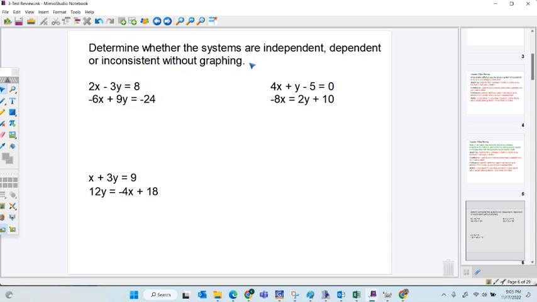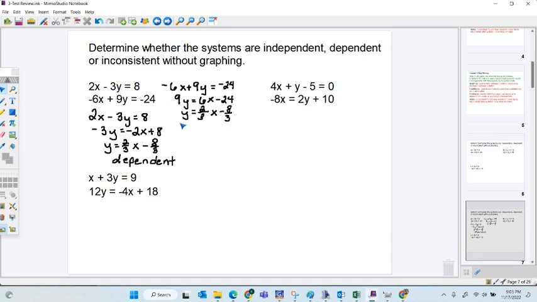Okay, determining whether they were dependent, independent, or inconsistent without graphing. You may not remember right now, but what that was is when you solve them for y, put them in y equals mx plus b form. So for example, when you solve this equation for y, we get y equals 2/3 x minus 8/3.